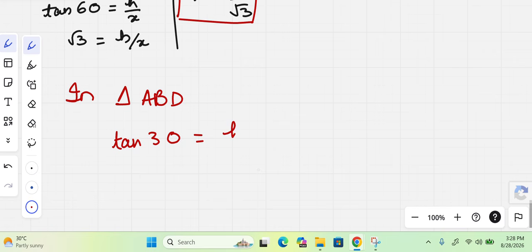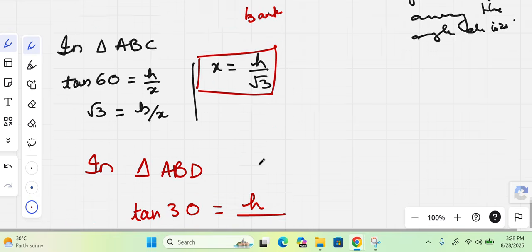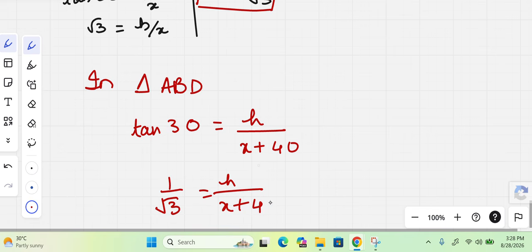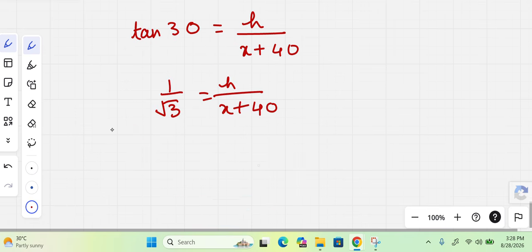Tan 30 equal to h by x plus 40. How much is tan 30? 1 by root 3. Correct? So you understand your table values of trigonometry are important for two chapters. Applications as well as your intro to Trigo.